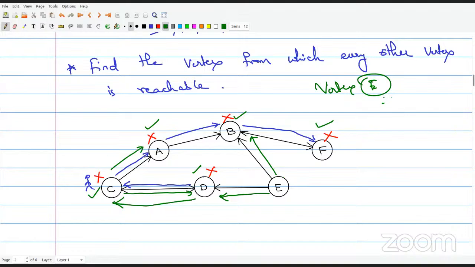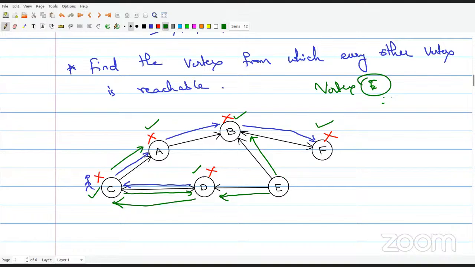So these vertices are the cities, and each city has an airport. Let's assume that. Now I am defining edges, so listen properly. If two cities have a direct flight between them, then I will give a directed edge from one vertex to the other.